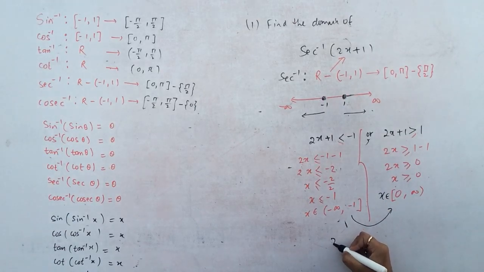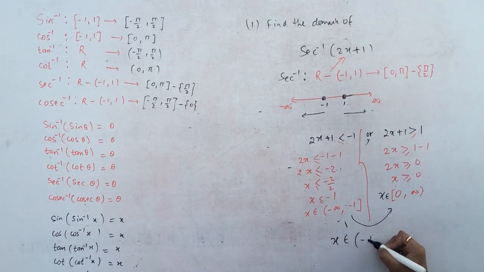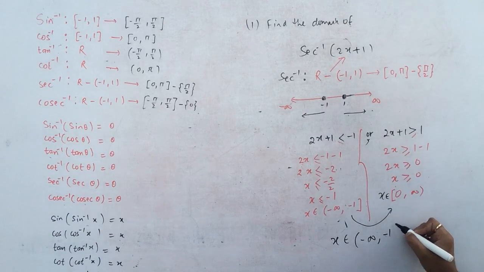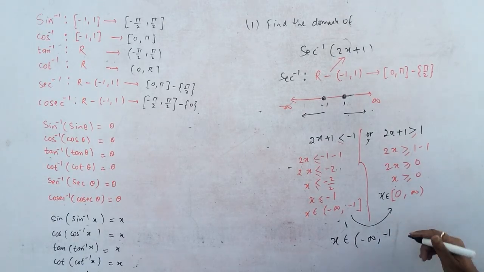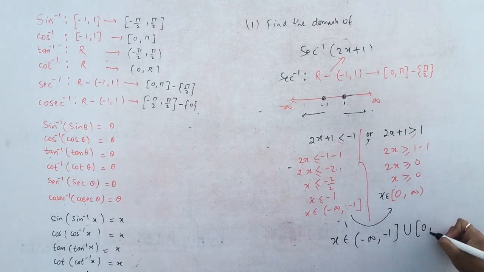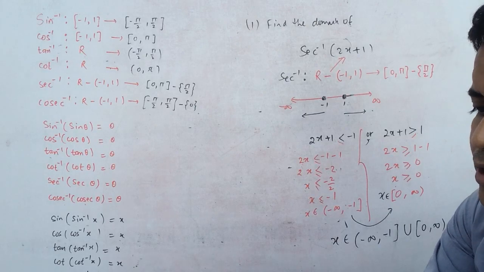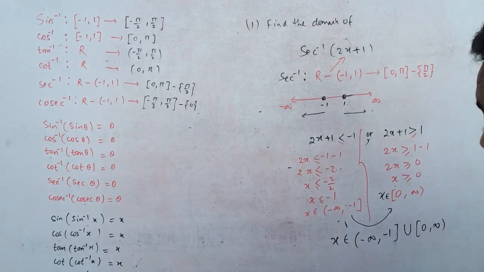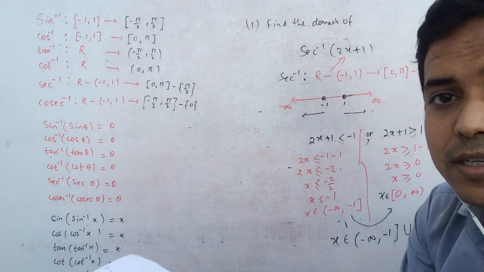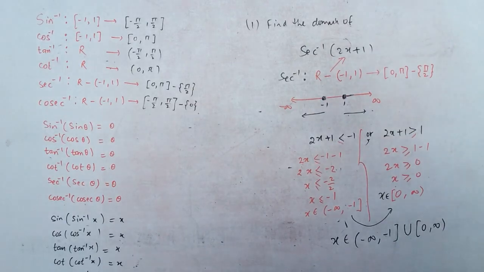So x belongs to minus infinity to -1, closed interval, union 0 to infinity. This is the domain. Minus infinity to -1 and 0 to infinity. Okay, check it. Let's move to the next question.